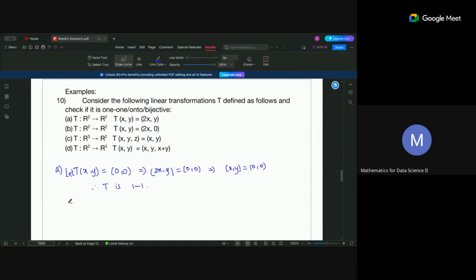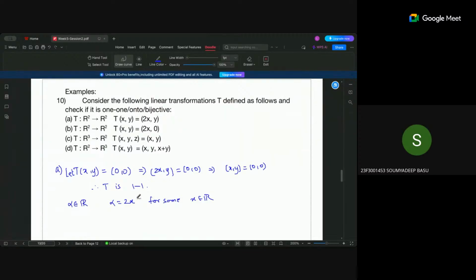So let us say alpha is any real number. Can you write your alpha as 2x for some x in R? Like we have to just check whether the function outcome is the span of the codomain, right?